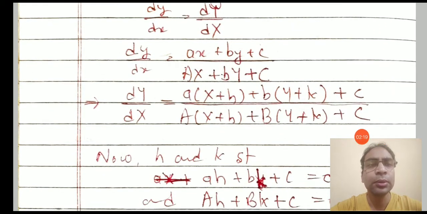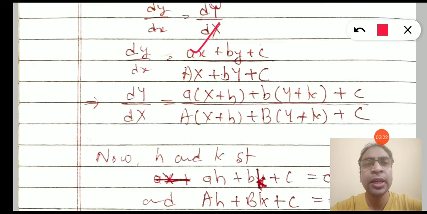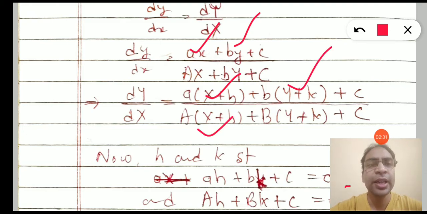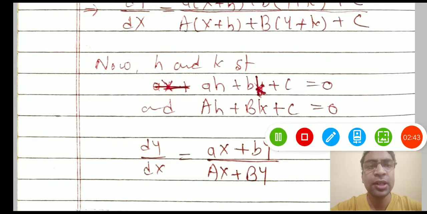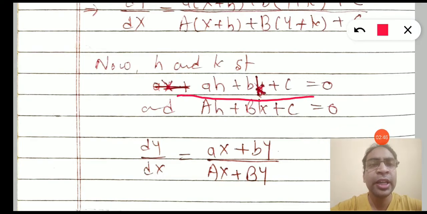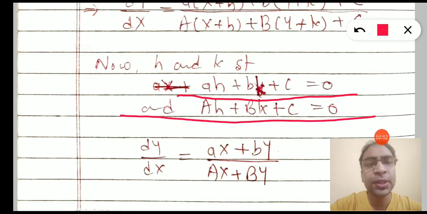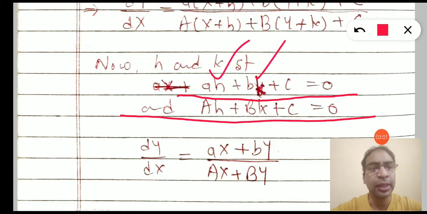We will substitute x by capital X plus h, y by capital Y plus k, in the numerator and also in the denominator. Now we will choose h and k such that small ah plus bk plus c is 0 and capital Ah plus capital Bk plus capital C is equal to 0. So we will have these two equations, and just by solving them we will be able to obtain the values of h and k.